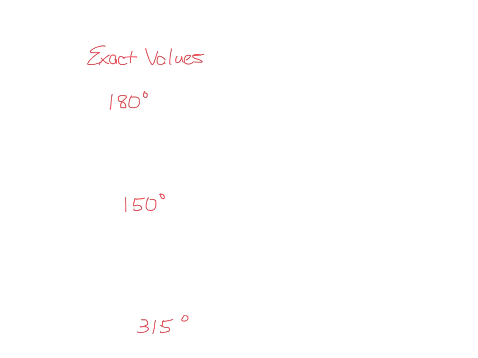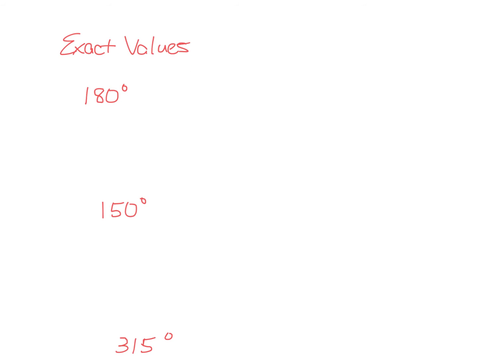We can do the exact values the same way. So if I've got a 180-degree angle, which would be rotated 180 degrees, and I'd be talking about this particular angle measure. So where this crosses the unit circle would be that point -1, 0.